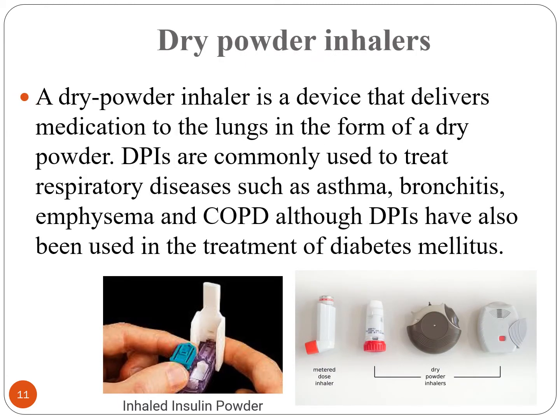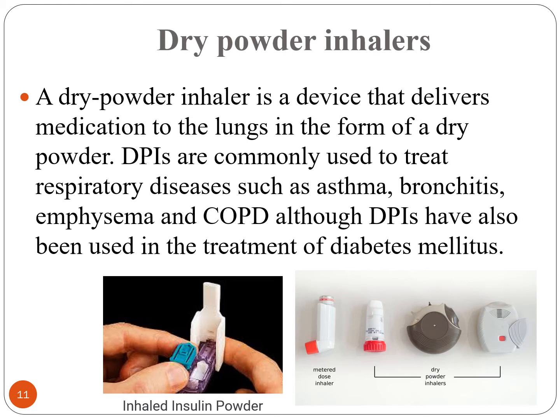We also have dry powder inhalers, and there are different types of dry powder inhalers. A dry powder inhaler is a device that delivers medication to the lungs in the form of a dry powder. They are commonly used to treat respiratory diseases such as asthma, bronchitis, emphysema, and chronic obstructive pulmonary disease.